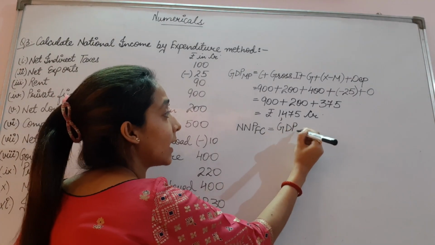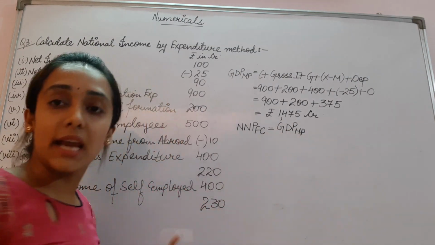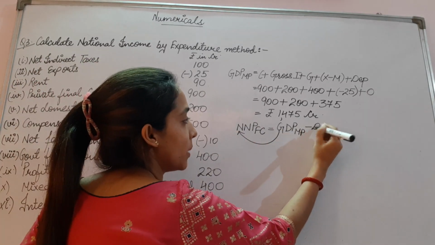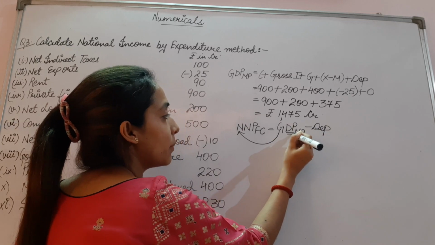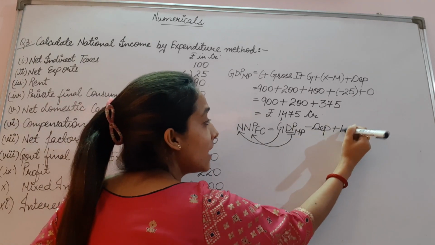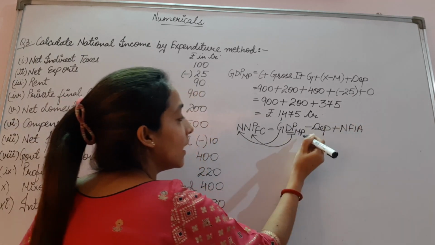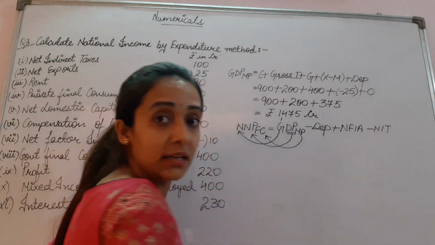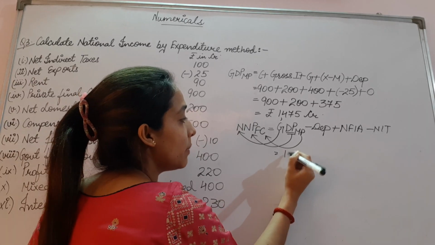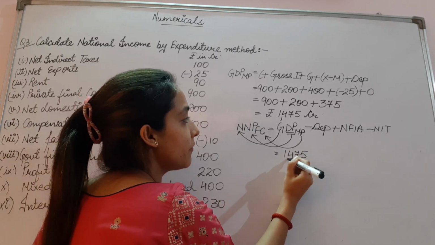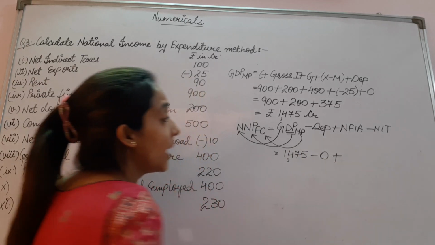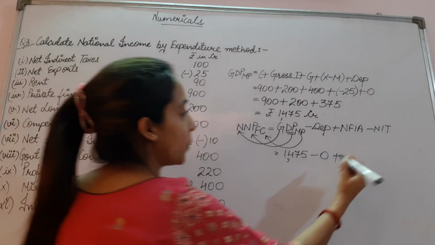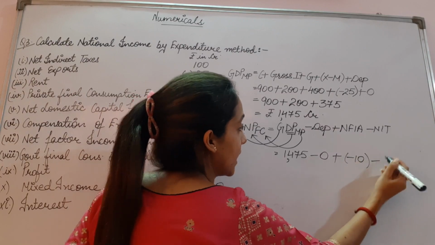By converting GDP at MP into NNP at FC, it will be minus depreciation, from GDP to NDP, plus NFIA, MP to FC, minus NIT. What is GDP at MP? 1475 minus 0 plus NFIA, net factor income from abroad, which is minus 10.